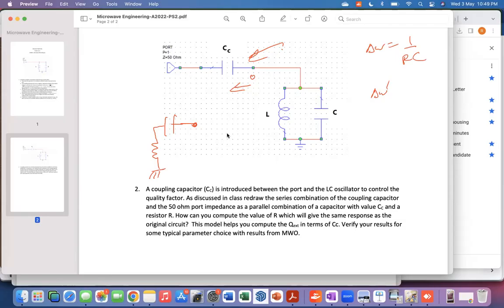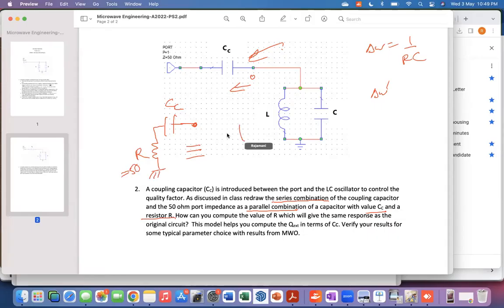It says to redraw the series combination of the coupling capacitor and the 50 ohm as a parallel combination with the capacitance value CC and the resistor R. Okay, I should maybe really call that R prime, because I'm using R for the original resistance. So this is C of C, this is R, which is 50 ohms.